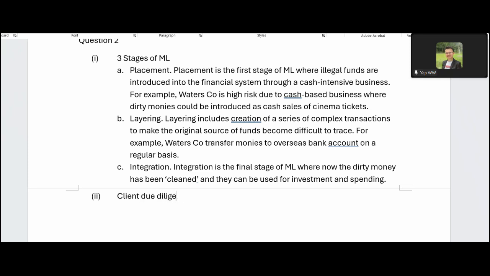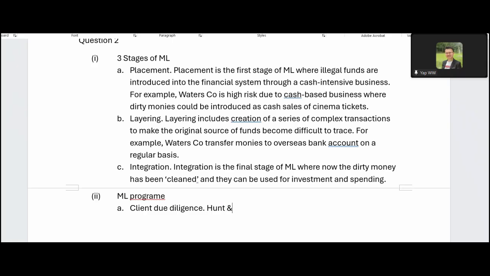Now, you don't have to write exactly like what is shown inside the notes. So client due diligence. The first one is CDD.